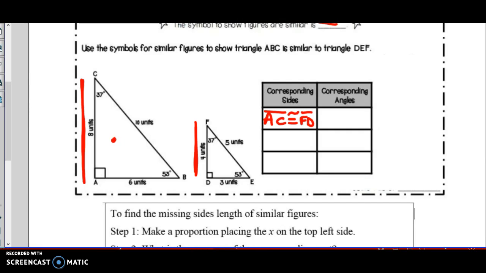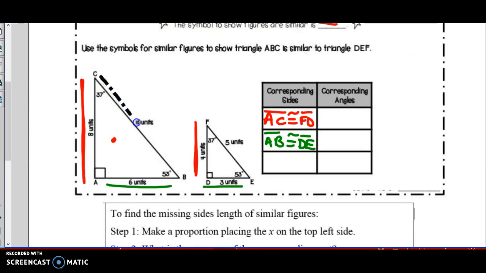So now let's look for another pair of corresponding sides. Here, side AB is similar to side DE. And again, I write the two letters, the two endpoints, and then I draw a line above it.